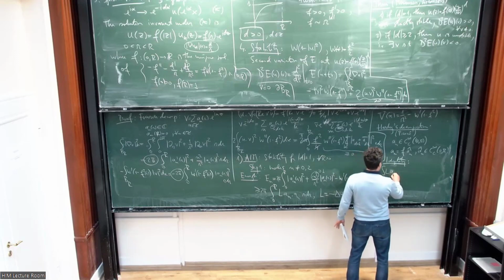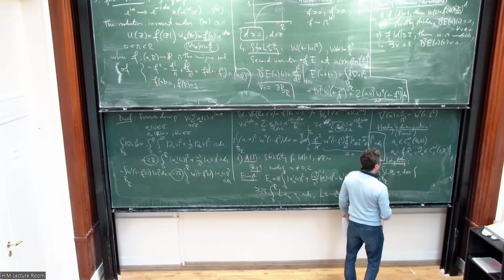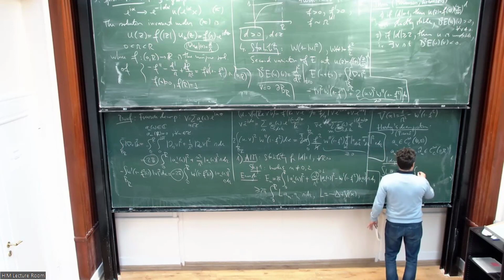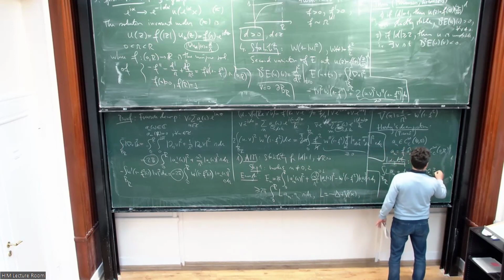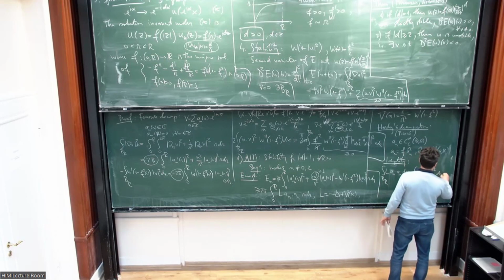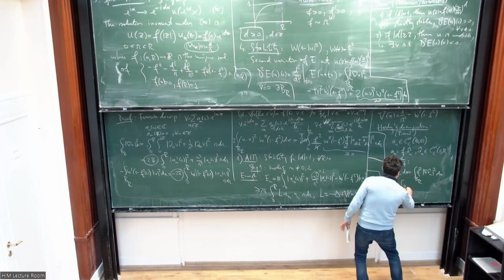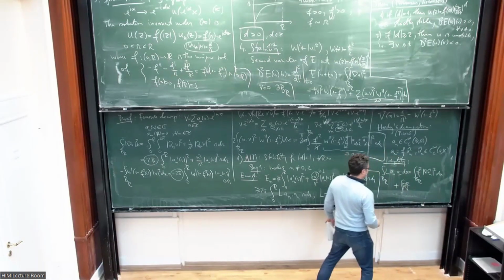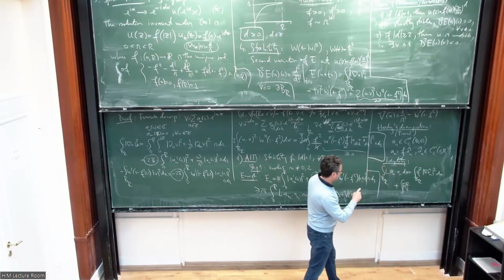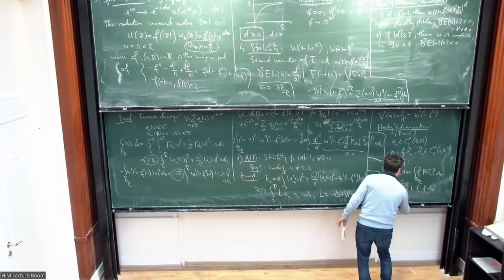So you have LAn is given by f squared gradient of an squared dx plus a hat squared. You could do it by components, right? Because this is a C number, but okay. And then you have LF dx.